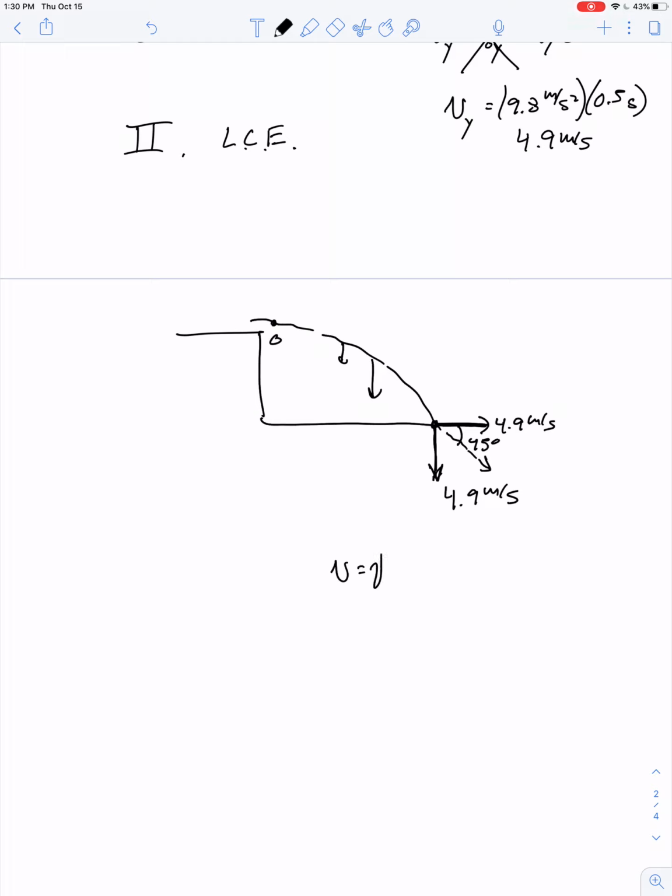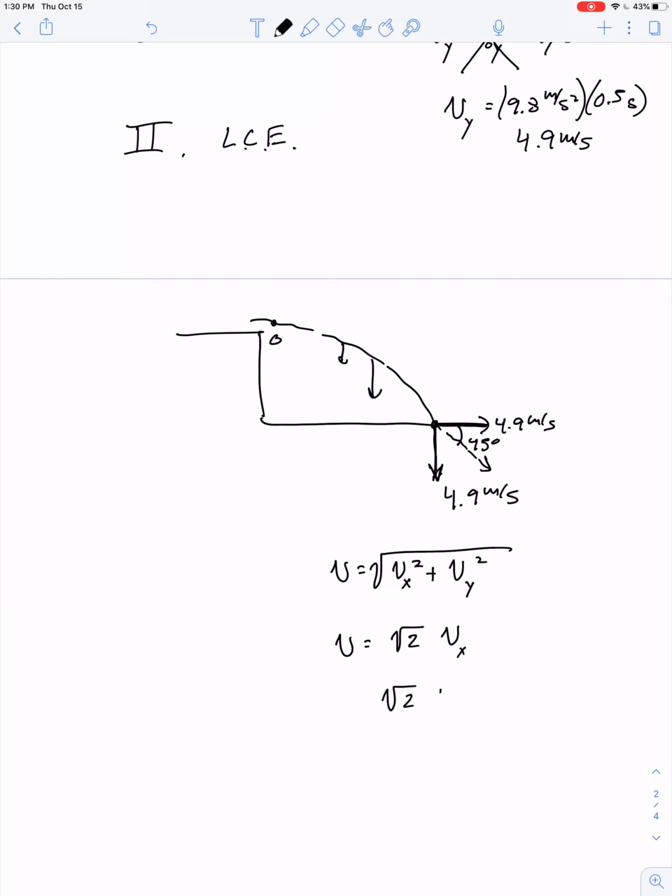So the total speed can be found based on Pythagorean theorem. Take the horizontal speed squared plus the vertical speed squared, add them together, take the square root. Or I think you can reason this out that this is going to be the square root of 2 times either Vx or Vy.